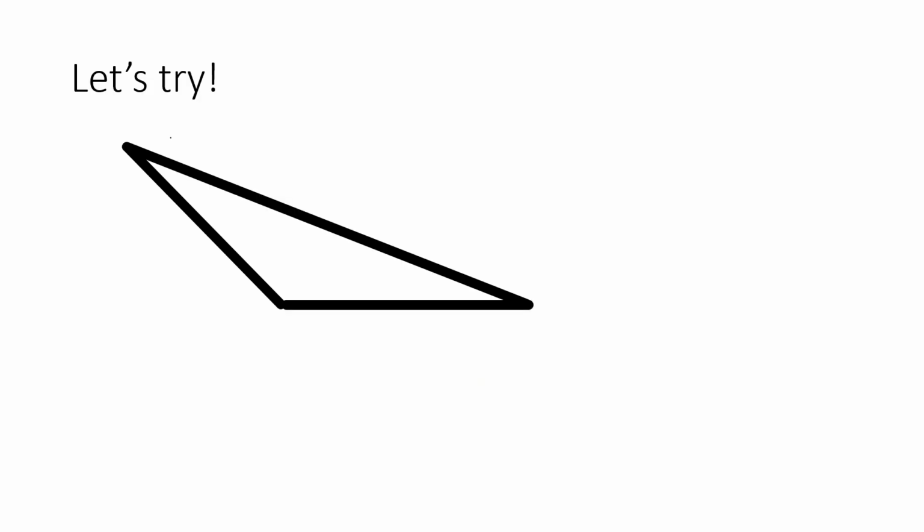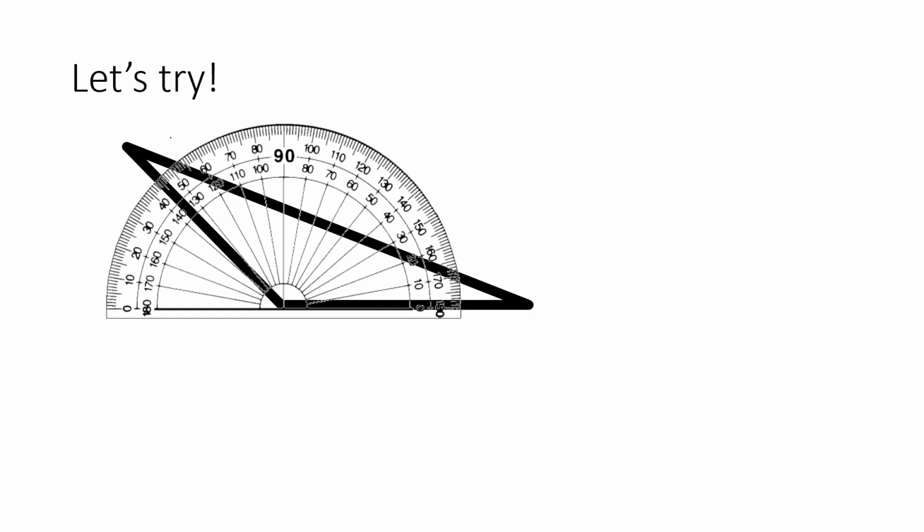All right, so let's try something here. If you could just draw this triangle on your pieces of paper, we're going to get our protractors now and measure it. What you're going to do is line up your protractor to this bottom line here.